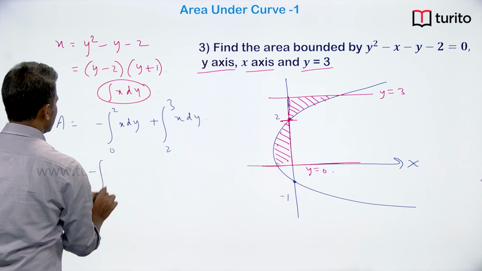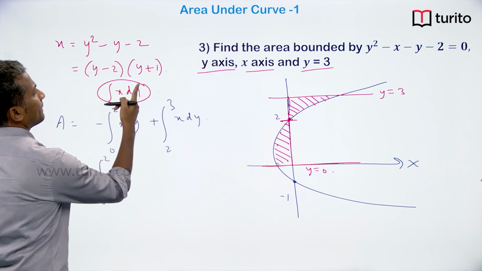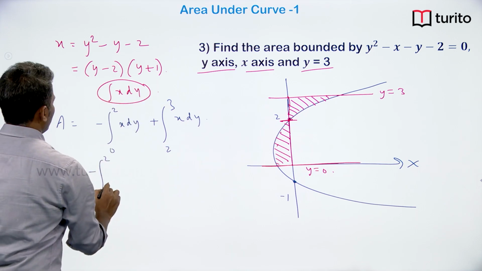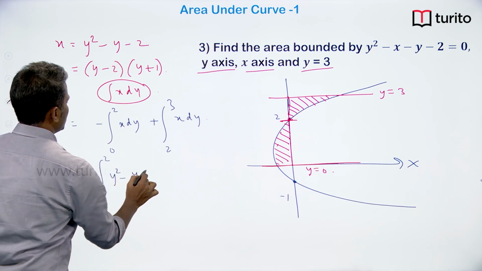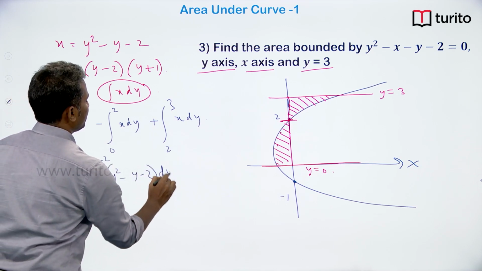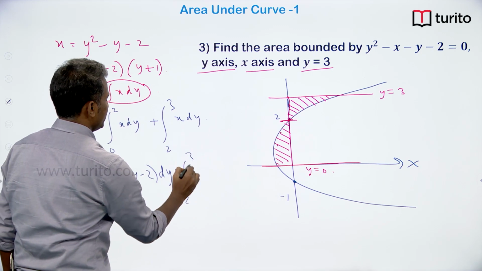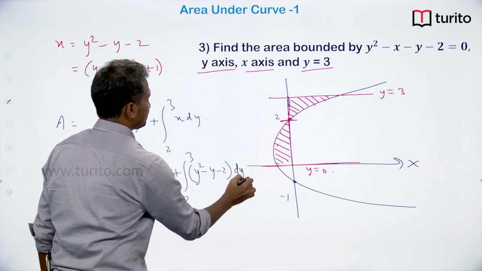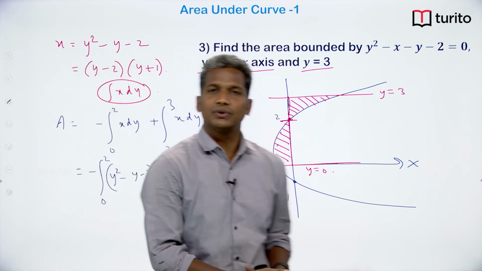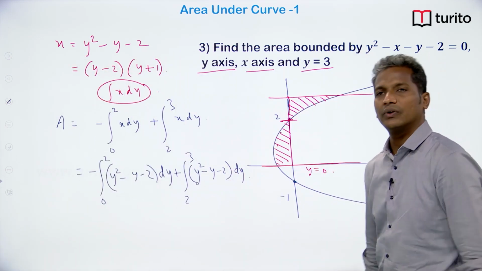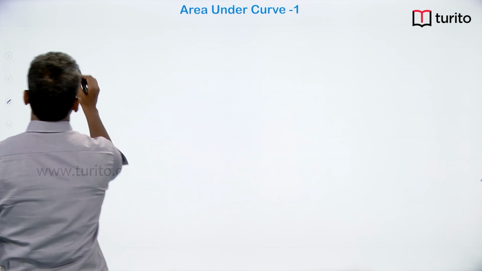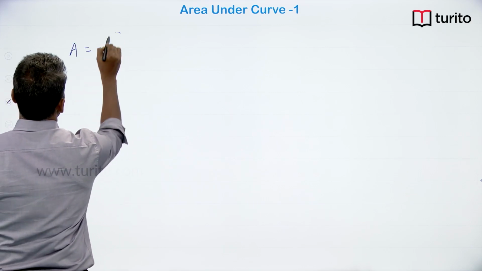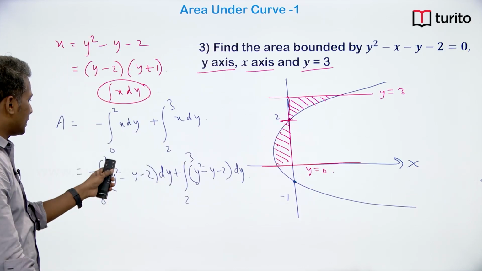So what are the functions here? 0 to 2 of (y square minus y minus 2) dy, plus 2 to 3 of (y square minus y minus 2) dy. Now we just have to integrate them and simplify. So this is going to give us area equal to minus sign, I am integrating and writing.